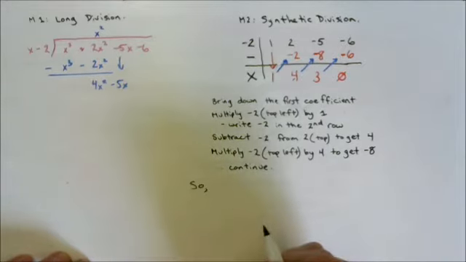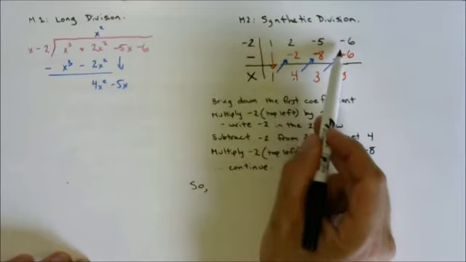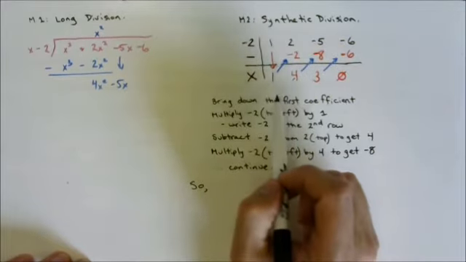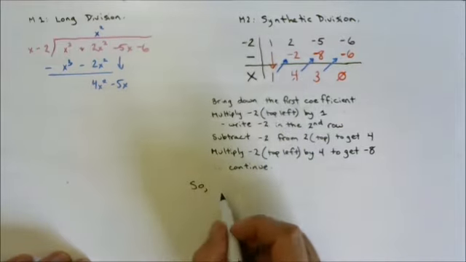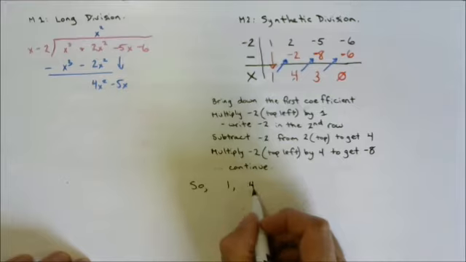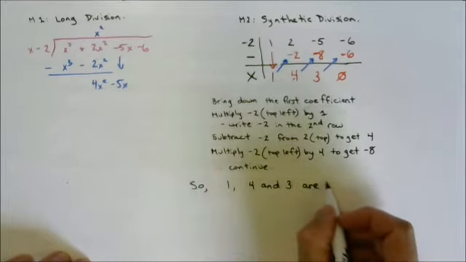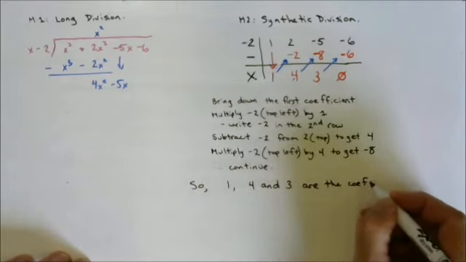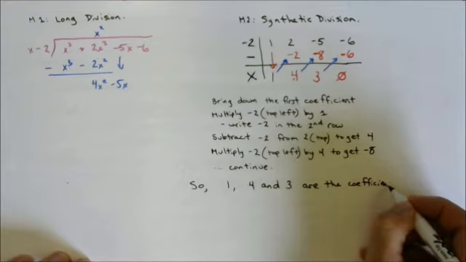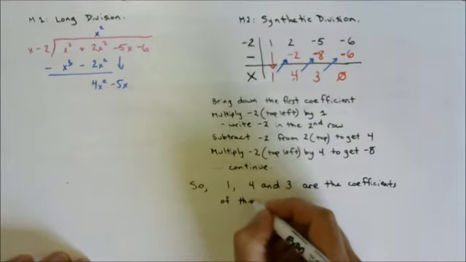So, we're only dealing with coefficients here. We start with the coefficients of p of x. We divide it all out, and we end up with new coefficients. We end up with the coefficients 1, 4, and 3, which are the coefficients of the quotient.